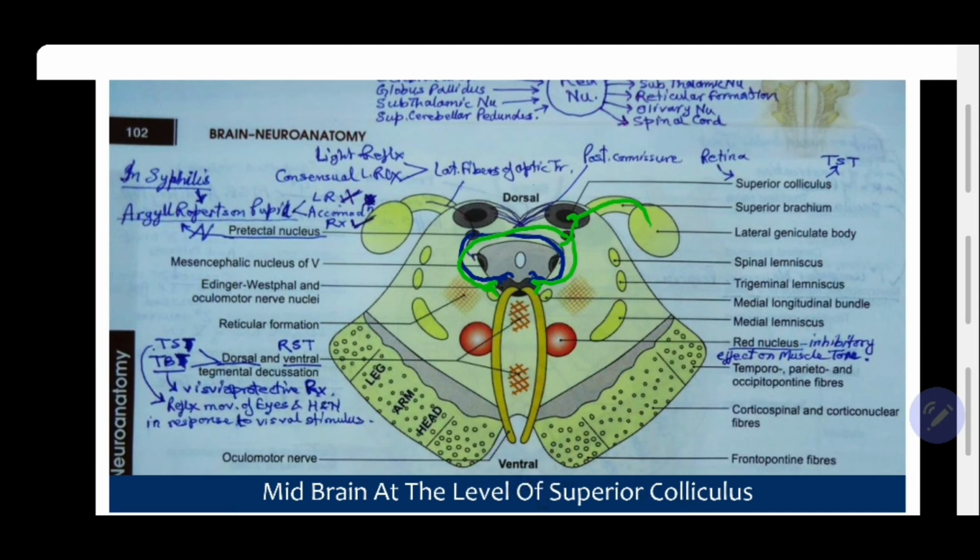So that means if you are pointing a torch in one eye, there will be constriction of the pupil in both the eyes, right? Because visual sensations are reaching both the Edinger-Westphal nuclei, and that's why reaching both the constrictors, constrictor pupillae and ciliaris of both the eyes.